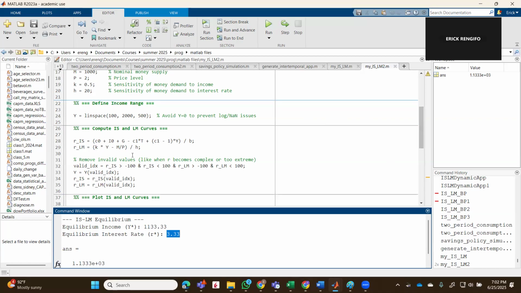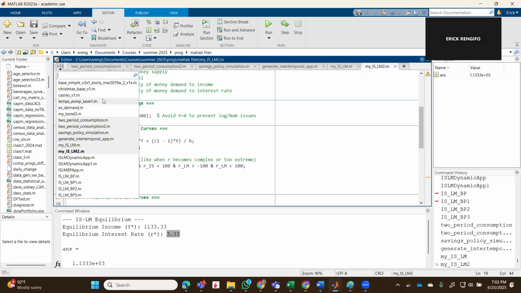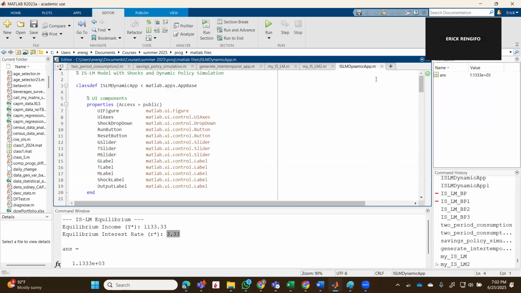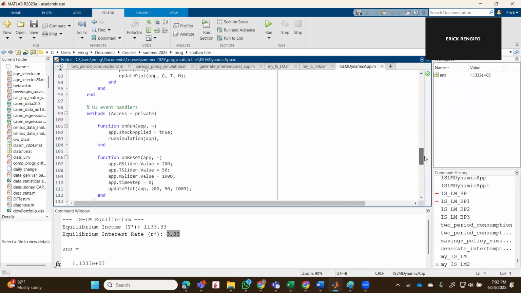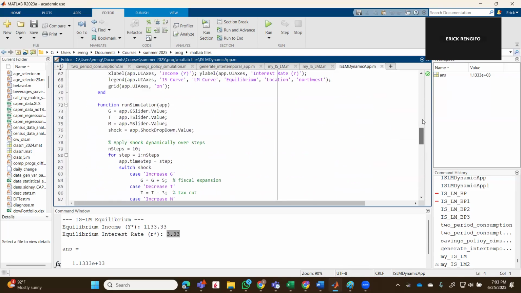You are going to be able to read, to modify, to do whatever you want with this code here, guys. But let's go to another one. Can you open the other file that is called ISLM dynamic app? Can you run this one here?